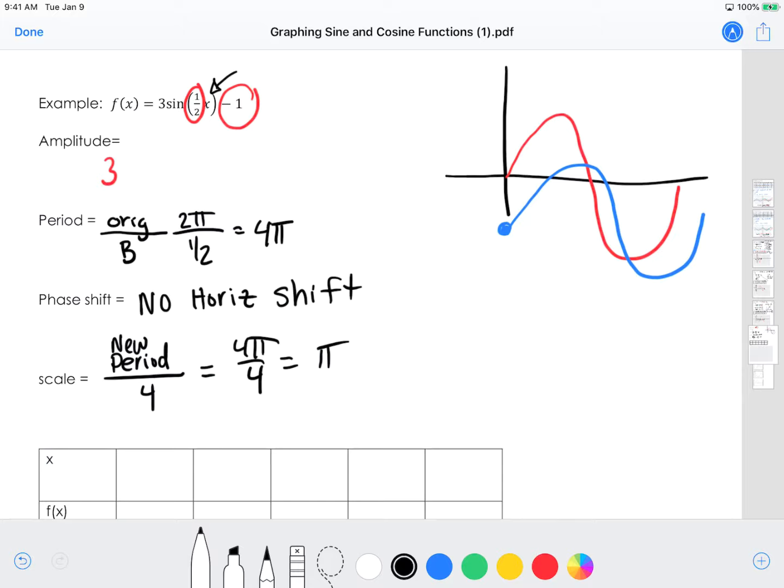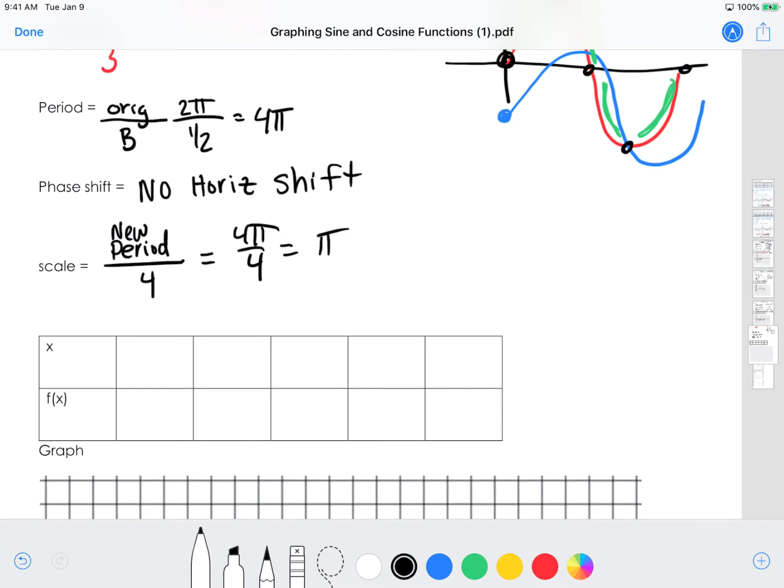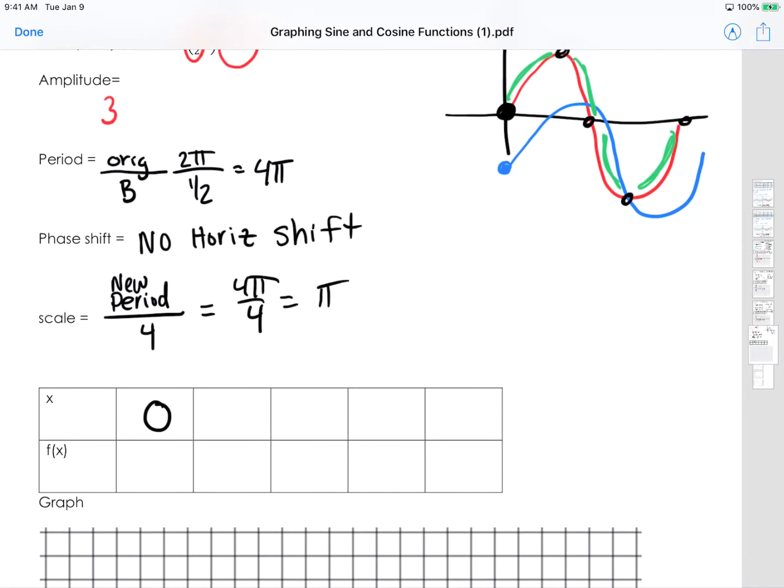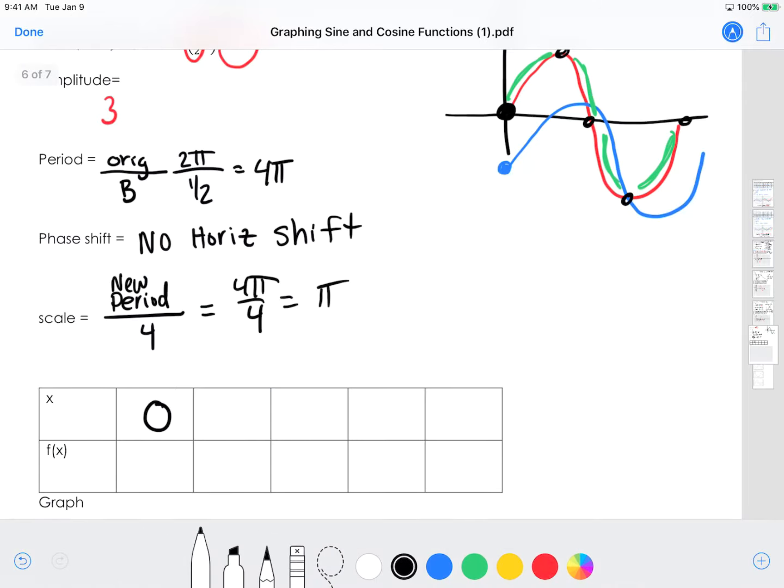So if I look at my mother function, I have the 5 key points that splits it up into 4 chunks. 1, 2, 3, and 4. Okay, so there's no horizontal shift here, so it's going to actually start at 0. And if we look at the mother function, typically we start at the origin. But because we have a shift down 1, it's now going to start at -1.